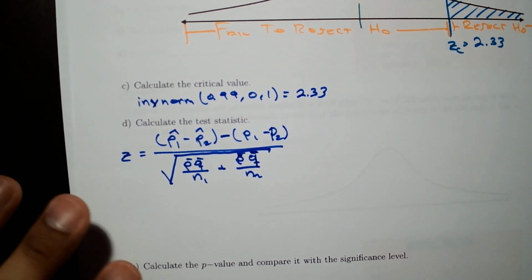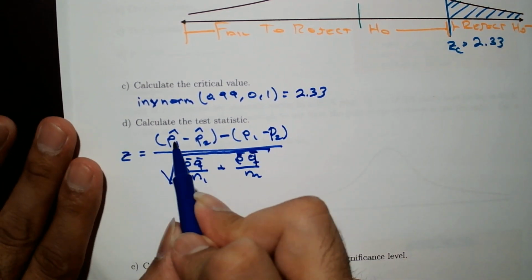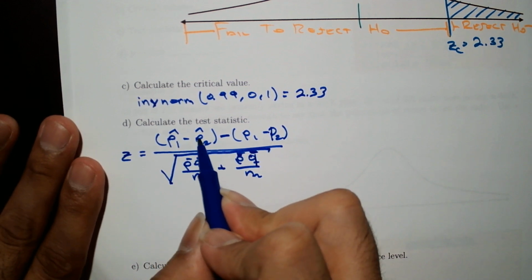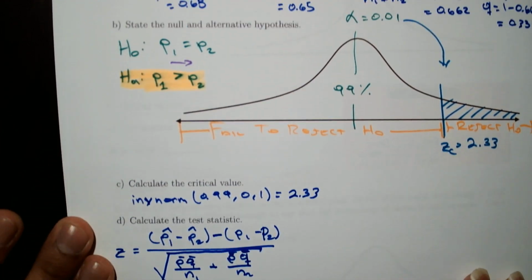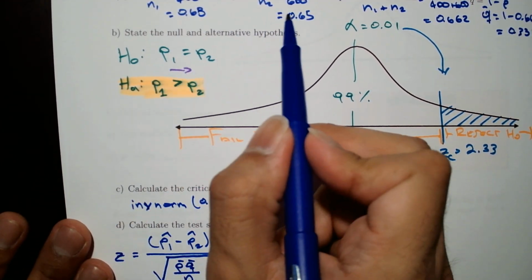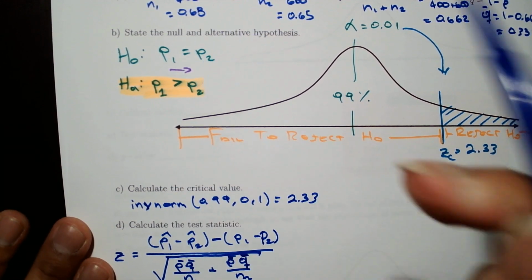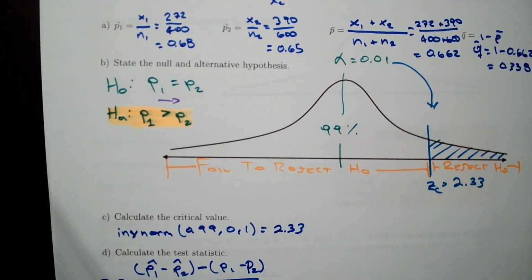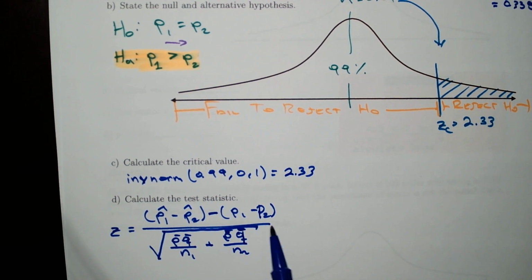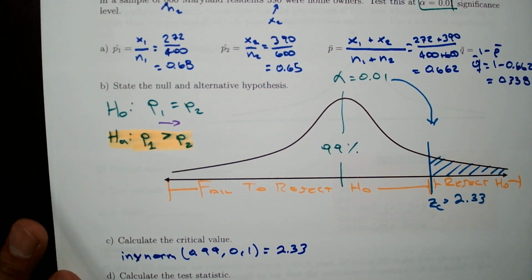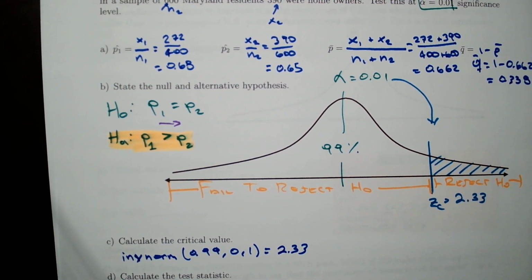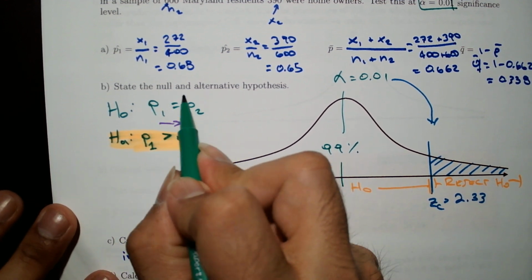One thing to keep in mind: we know p1 hat and p2 hat. We calculated them here. However, what about the difference P1 minus P2? When we state the null hypothesis H0, think of this as an equation.